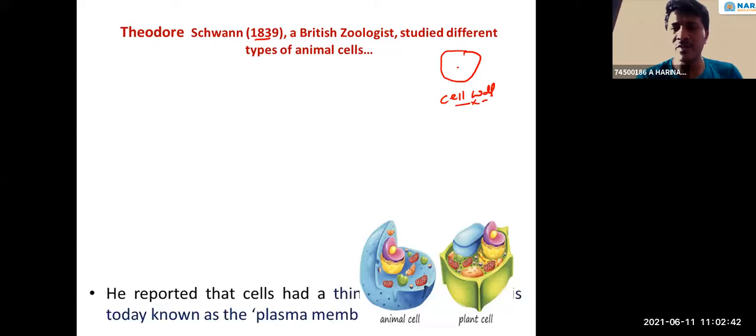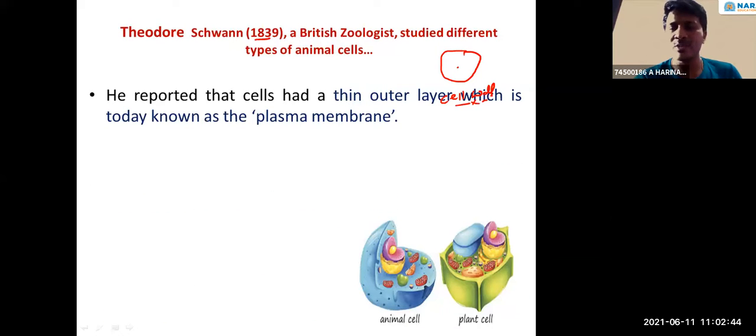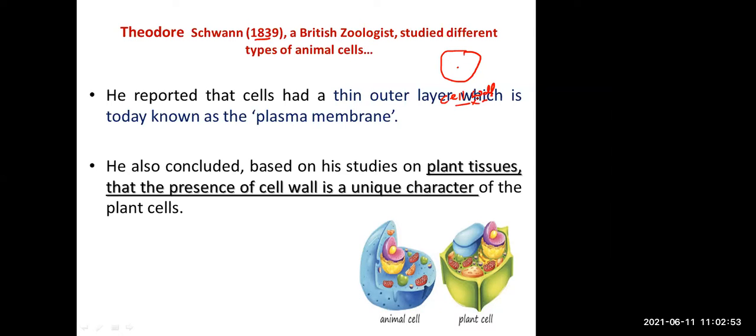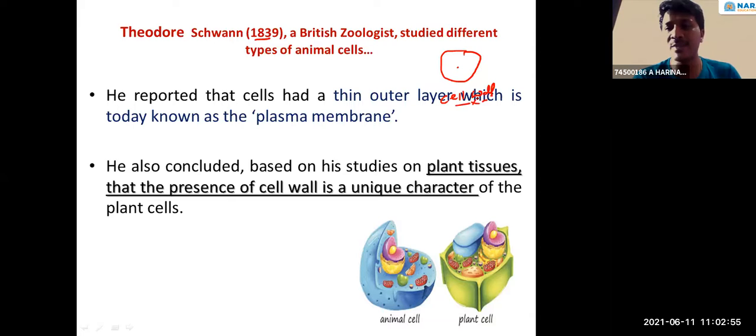He found the presence of the plasma membrane, as well as that the plant cell consists of a cell wall. That is a unique character. The cell wall is absent in animal cells. He also gave the theory that the plant body and animal body are composed of cells and their products.